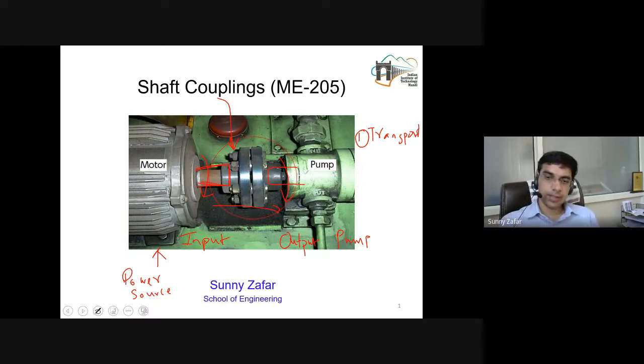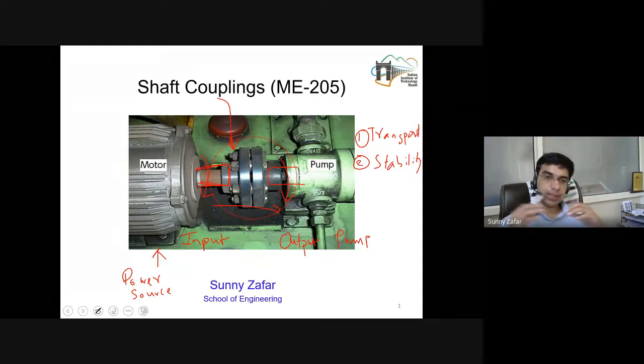The next important reason is stability. Very long shafts mean there will be a lot of eccentricity, so the stability of the system also reduces. There will be a lot of vibrations, wear and tear. Generally with small shafts the eccentricity will be less, so we want this type of couplings.